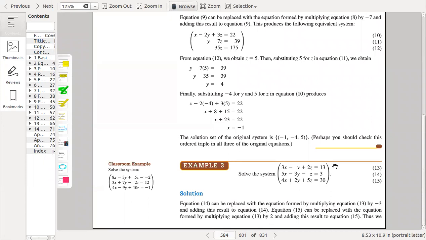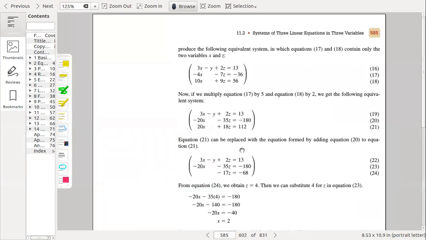If we multiply equation 13 with minus 3, the coefficients of y of equation 13 and 14 become equal. So adding in 14, y will be eliminated, and you see there is no y in the second equation, because y is eliminated.